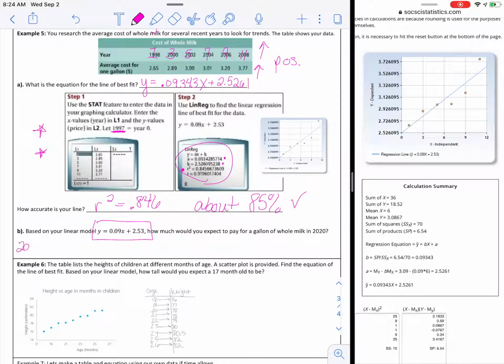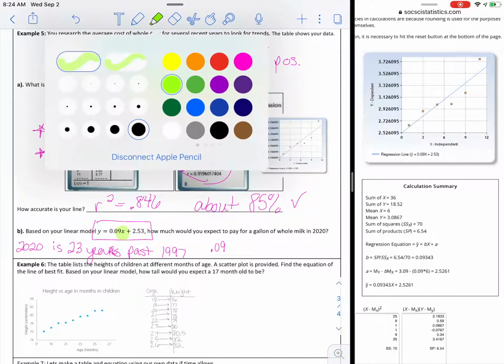So let's see. 2020 is 23 years past 1997. So I had to plug in 23 for this x. I'm going to highlight the x. Here it is. I'm going to plug in 23 for that x. So 0.09. You can use more decimals if you want to be more accurate. Doesn't matter to me. I'll just use the one that's here.